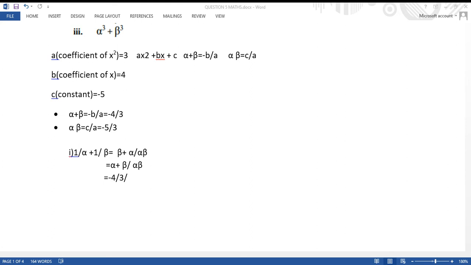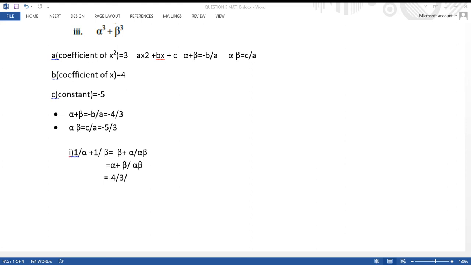It becomes multiplication. And when it becomes multiplication, this 3 will go on top, and this negative 5 will come below. So it's negative 4 over 3 times 3 over negative 5.